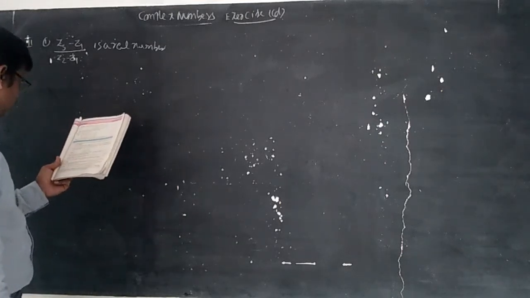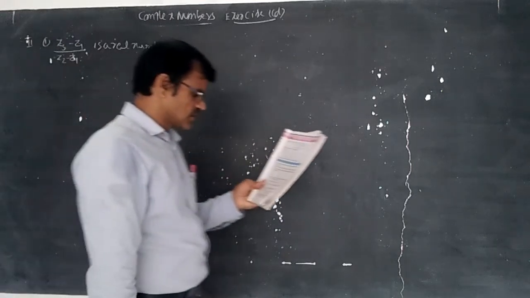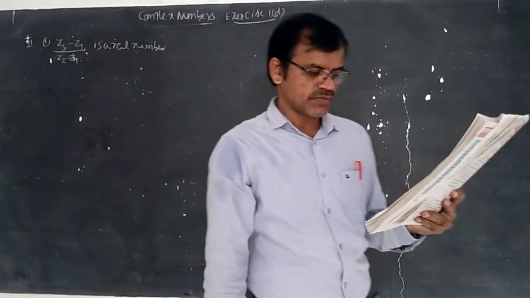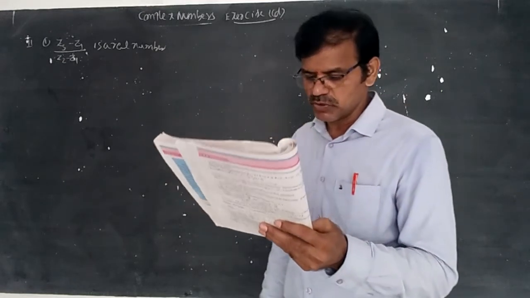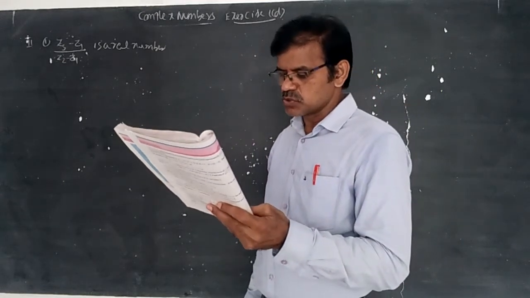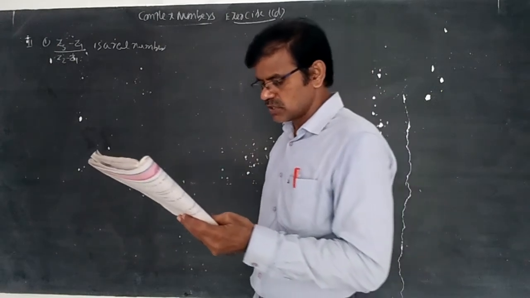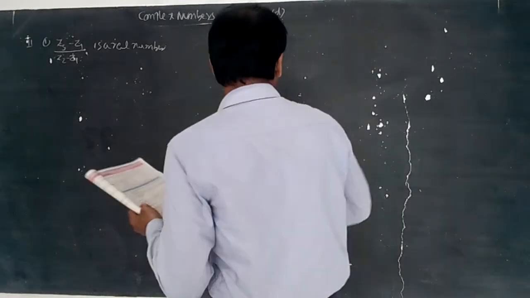This is linked with the fourth question: the points in the Argand diagram represented by the complex numbers Z1, Z2, Z3 are collinear if and only if there exist real numbers P, Q, R such that PZ1 plus QZ2 plus RZ3 is equal to 0 and P plus Q plus R is equal to 0.